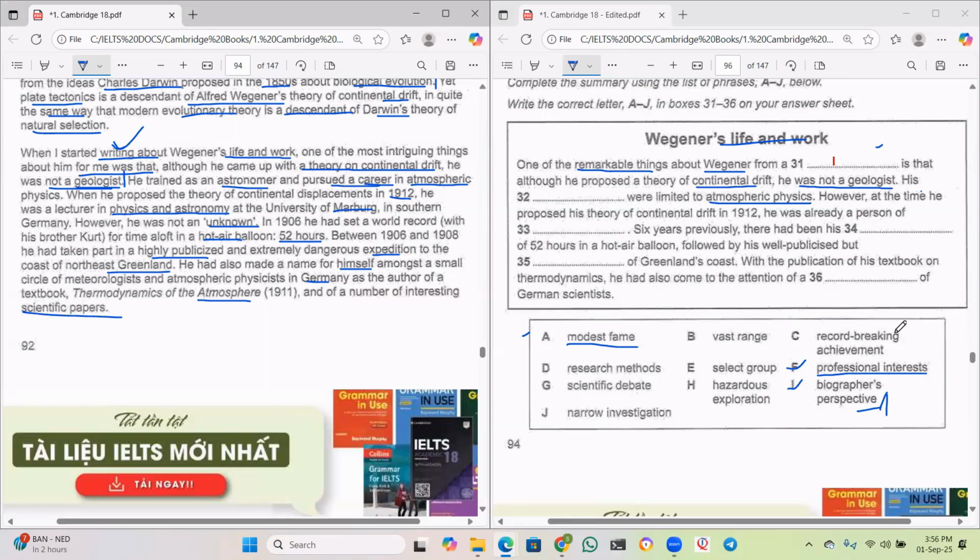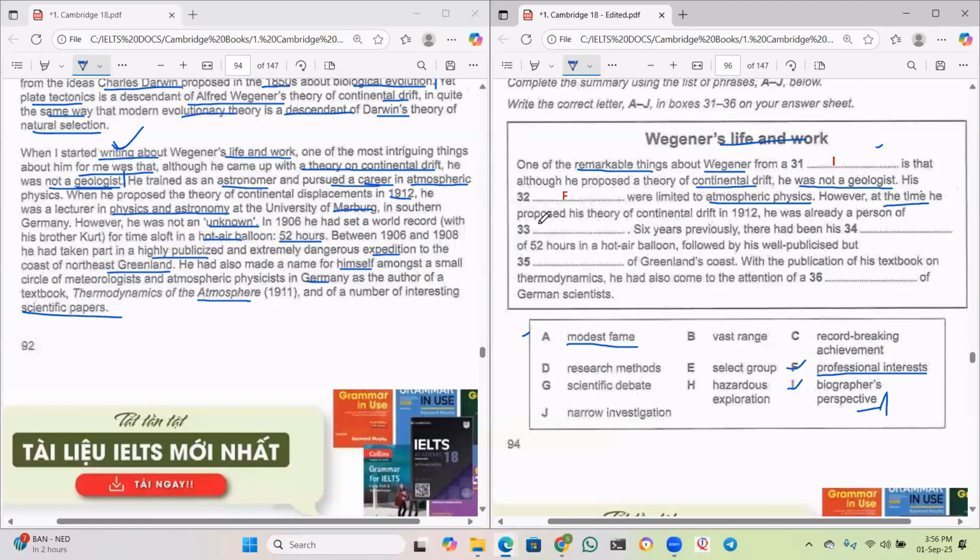And it should exactly fit into the sentence: his professional interests were limited to atmospheric physics. Yes, this word is exactly fitting. So my answer is professional interests. It should be A. Yes, got it. Next sentence.